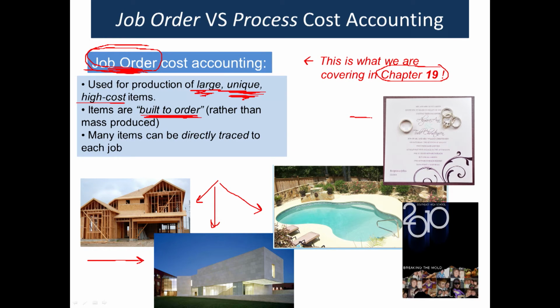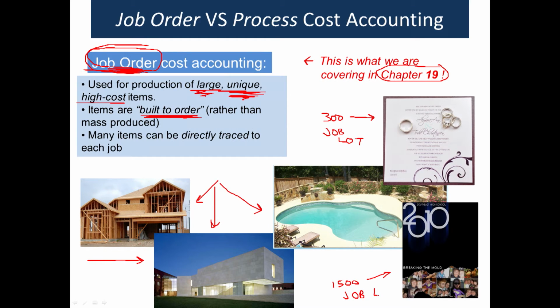Whereas, with a wedding announcement, they might produce 300 of them. With a yearbook, they might produce 1,500 of them. Okay? Now, these two situations, this is what is known as a job lot. A job lot is when you produce an item under the job order cost accounting system, but you don't just produce one.